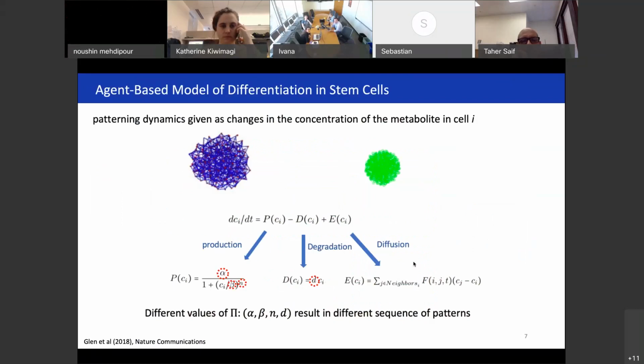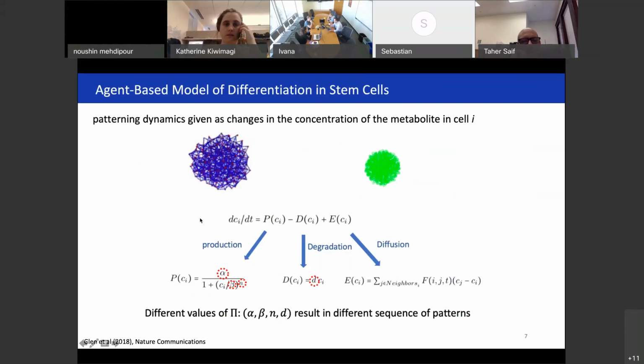So this is one work with Melissa Kemp's group, and basically this is an agent-based model of differentiation in cells. This is a very simplistic basic equation that describes this model, from Chad Glen from Melissa Kemp's group, which specifies the differentiation in stem cells through the changes in the concentration of cyclic AMP.